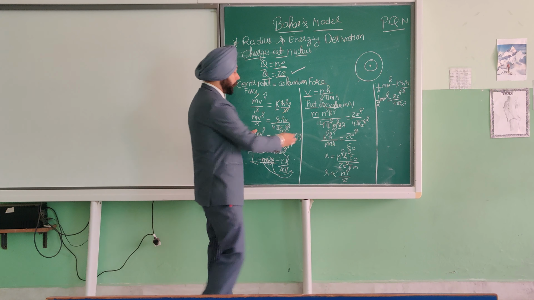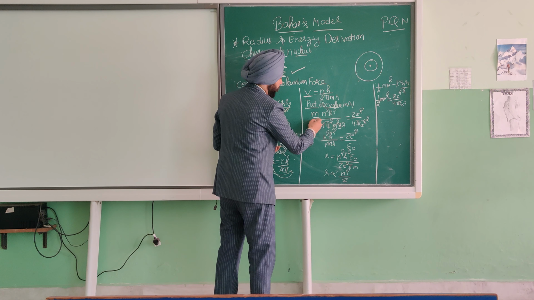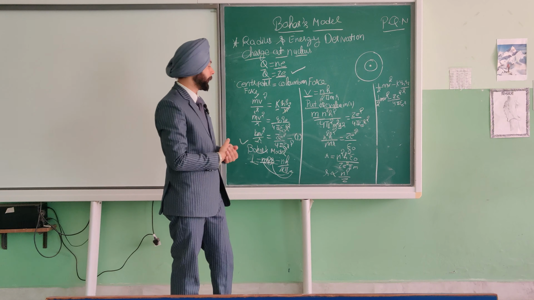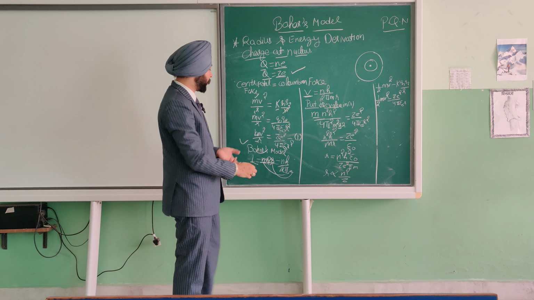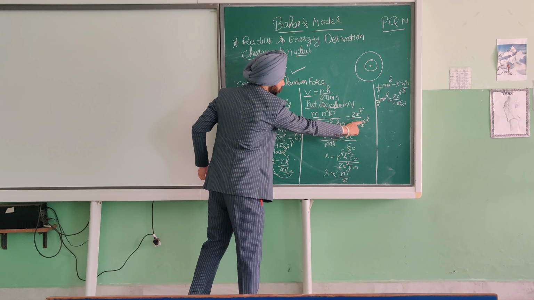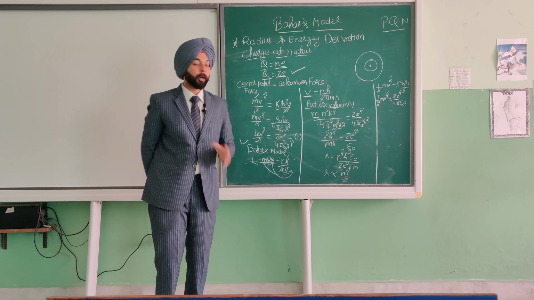Again m n square h square upon 4 pi square m square r square is equal to Ze square upon 4 pi epsilon naught into r square.